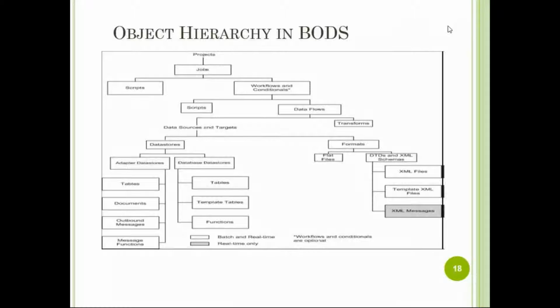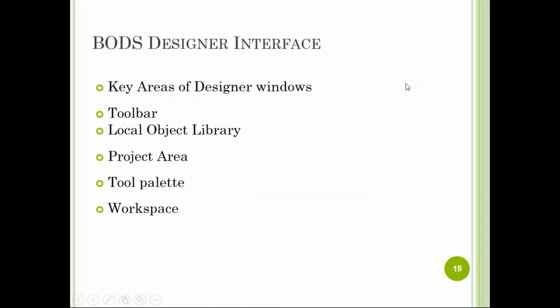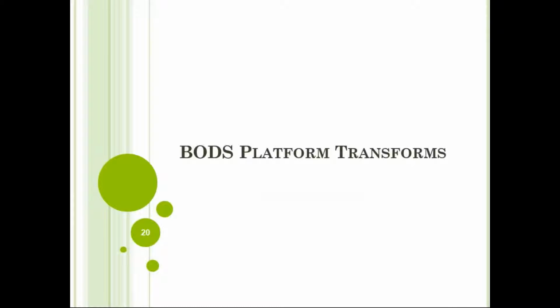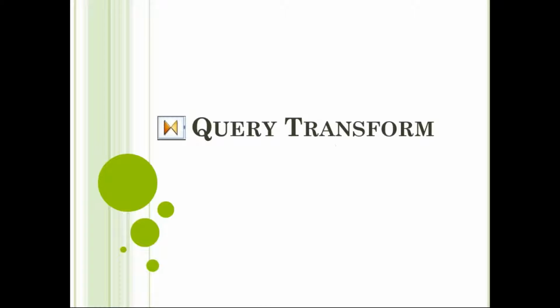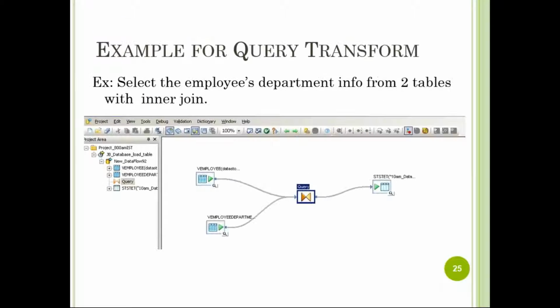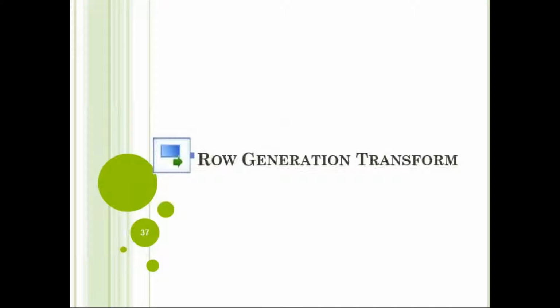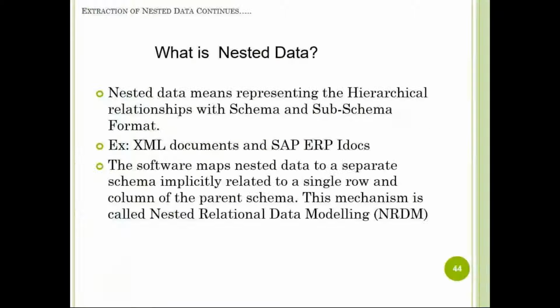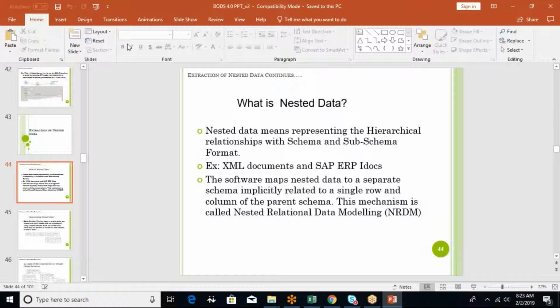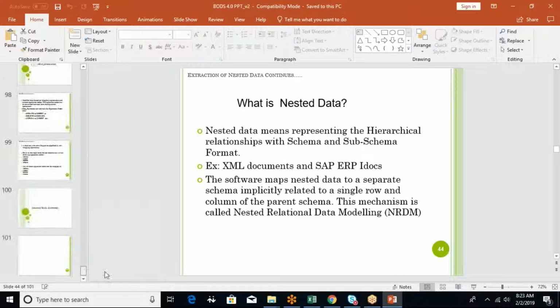This is how things happen. We have the BODS platform transformations, and in that we have the query transformation. The slide gives us all this information. This is very high level, covering what we are going to achieve in SAP BODS.